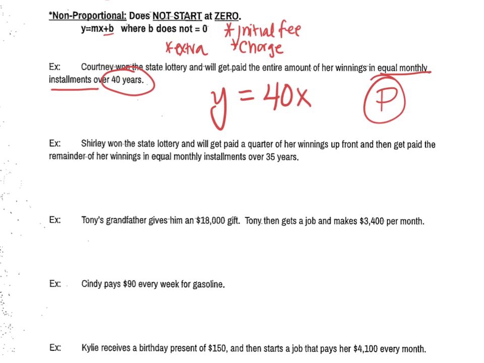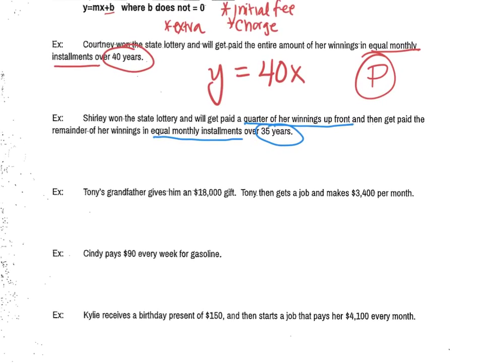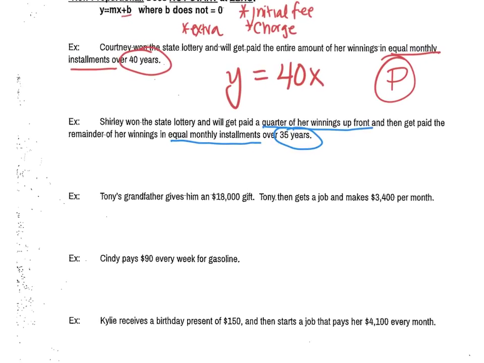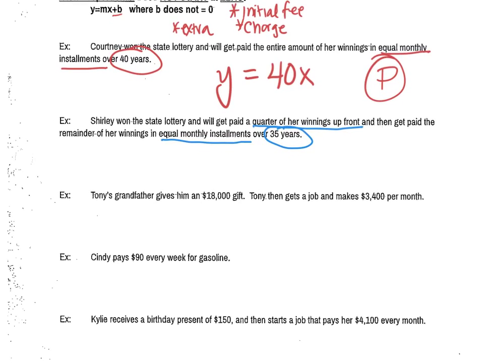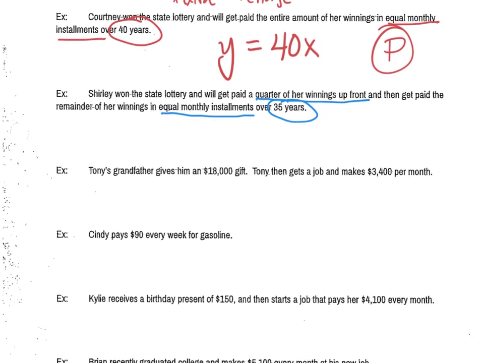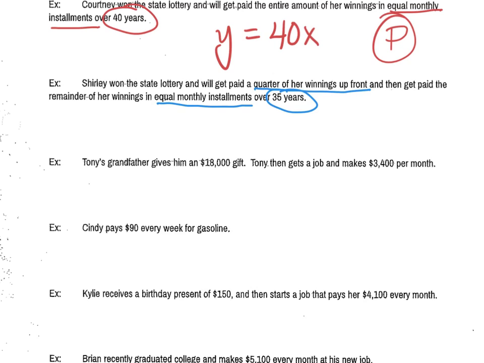Example 2: Shirley won the state lottery and will get paid a quarter of her winnings up front, and then get paid the remainder of her winnings in equal monthly installments over 35 years. I don't know that these are good for making an equation, but if she gets paid a quarter of it up front and then gets paid in monthly installments, would that be proportional or non-proportional?